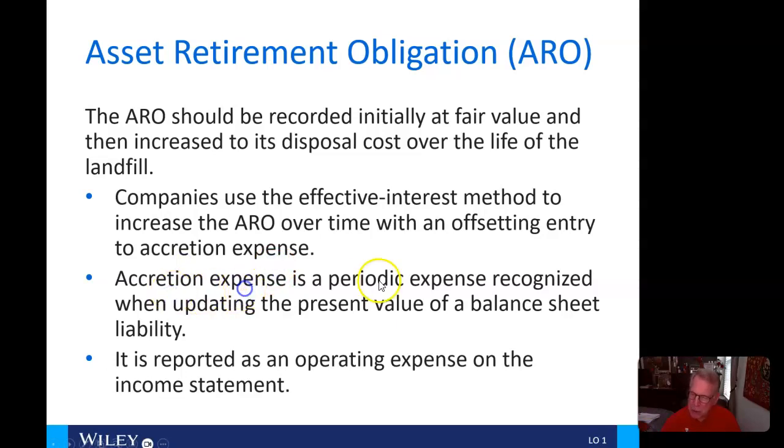Accretion expense, new terminology here, is a periodic expense recognized when updating the present value of the balance sheet liability. It is reported as an operating expense on the income statement.